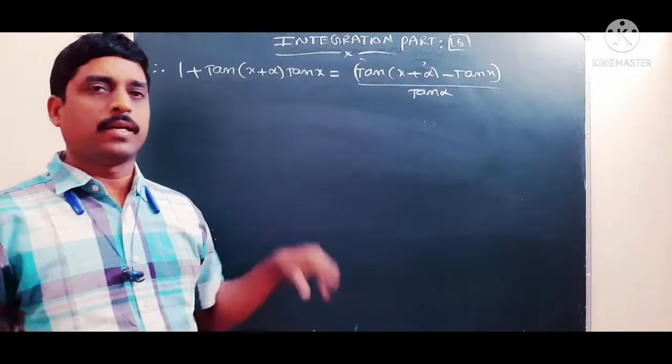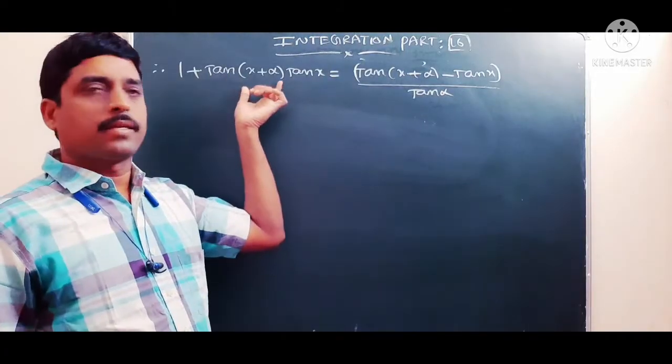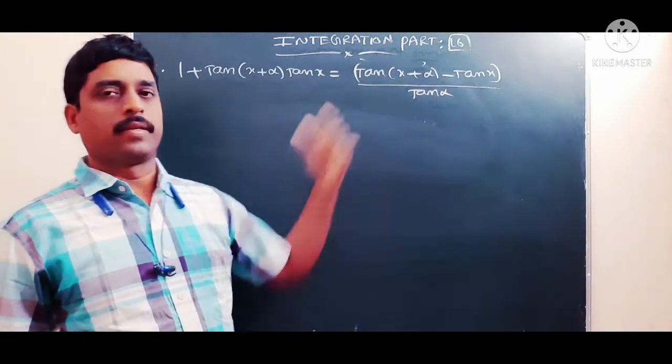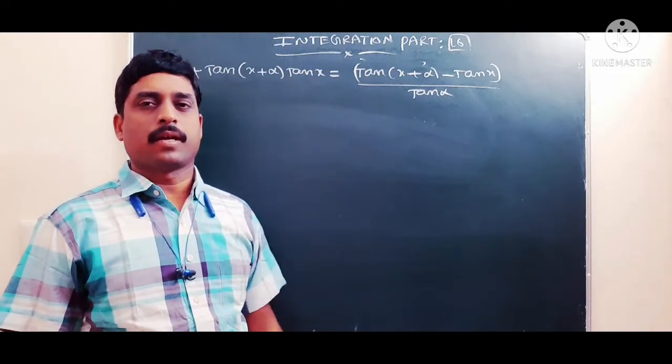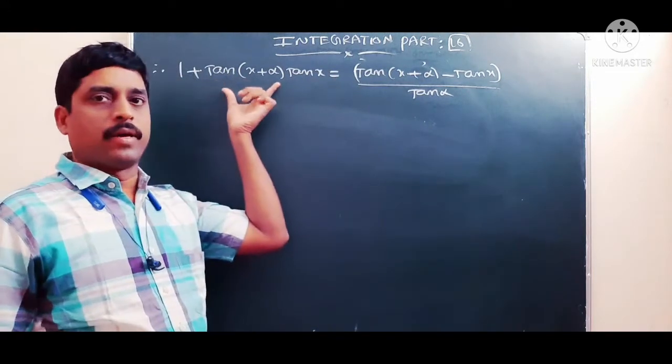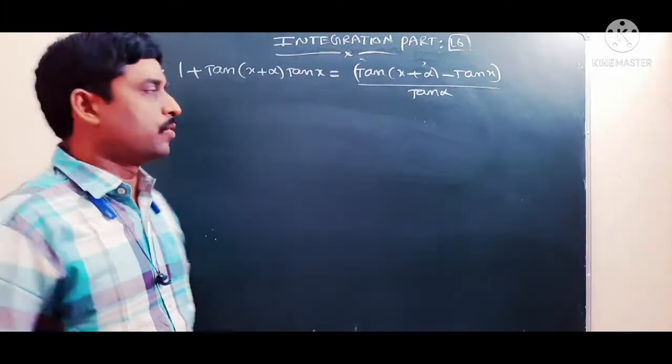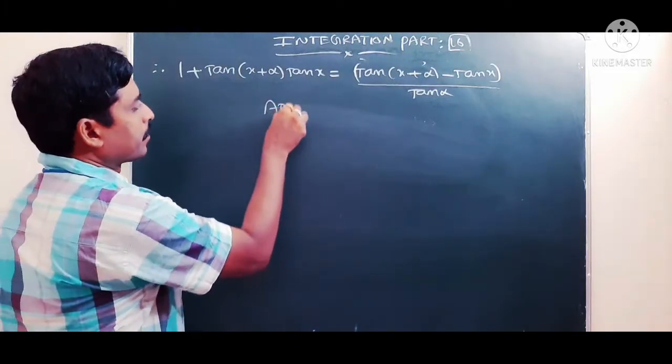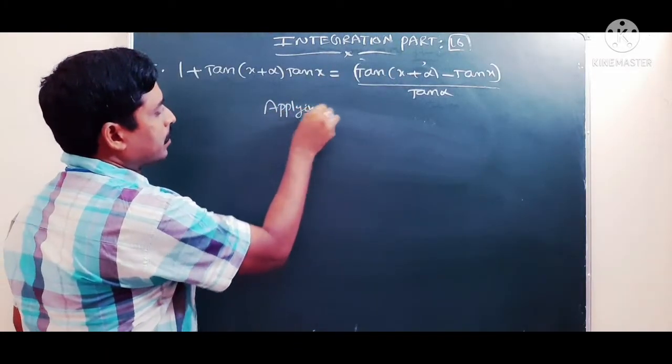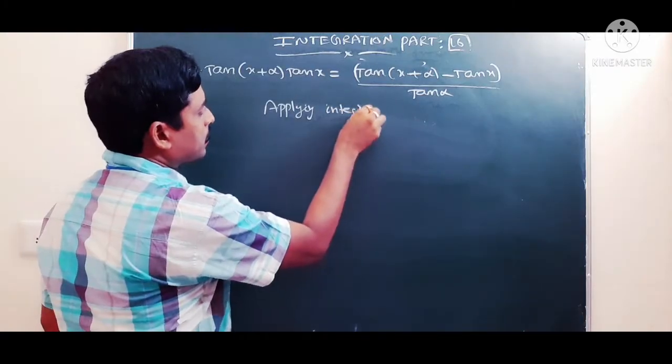Clear? What we got is that 1 plus tan x plus alpha tan x is equal to this value. Now our target is the integration of this value. Applying integration on both sides.